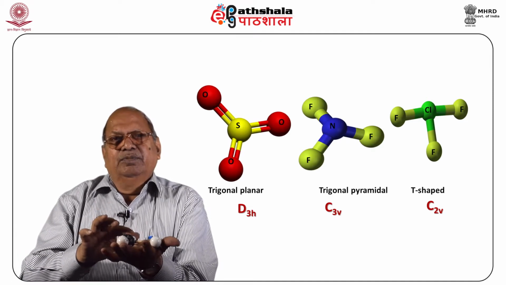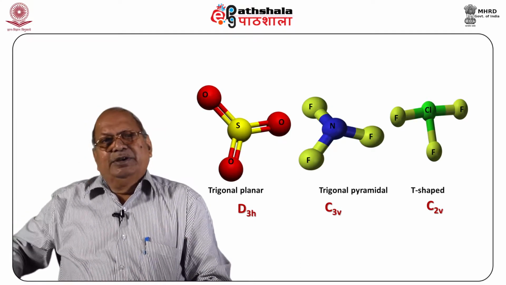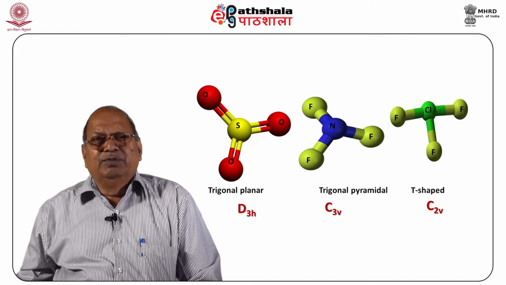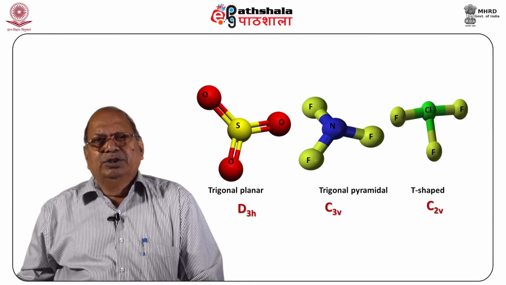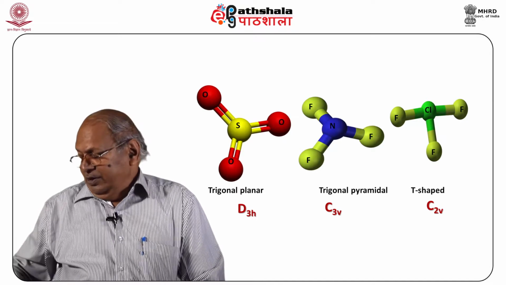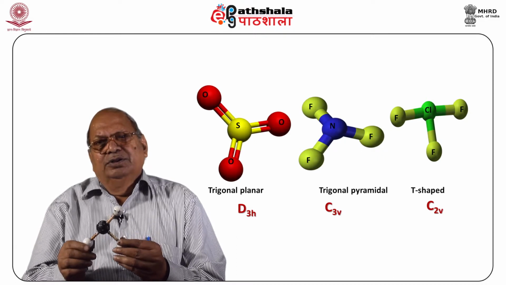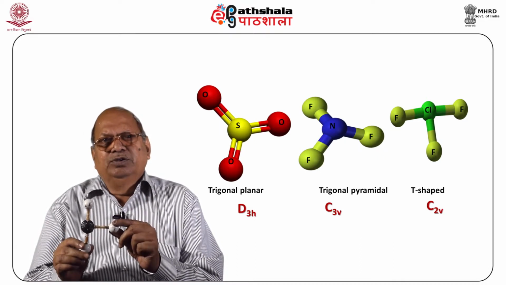So, of these 3 geometries, the pyramidal molecule belongs to the C3v point group. In the planar geometry, the molecule belongs to the D3h point group, and in the T-shaped molecule, the point group is C2v.